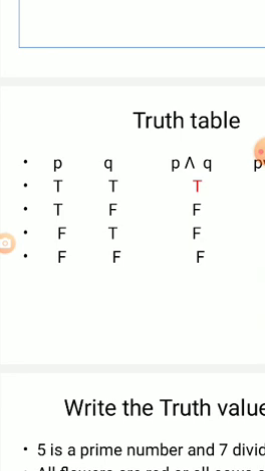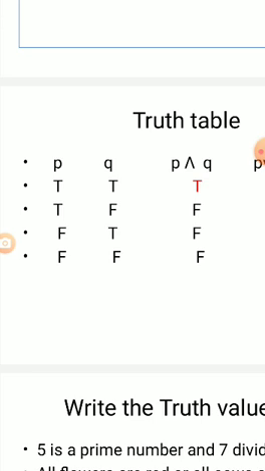Now, how many rows will this truth table have when there are three simple sentences P, Q, and R? There are two possibilities for P, two for Q, and two for R. So in all, 2 cube, 2 into 2 into 2, 8 possibilities.